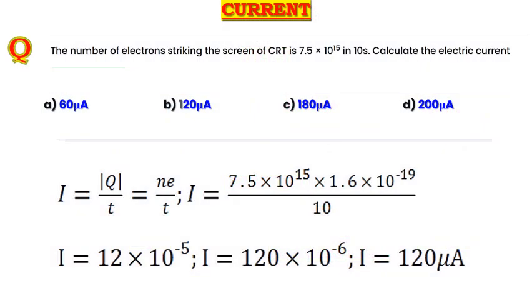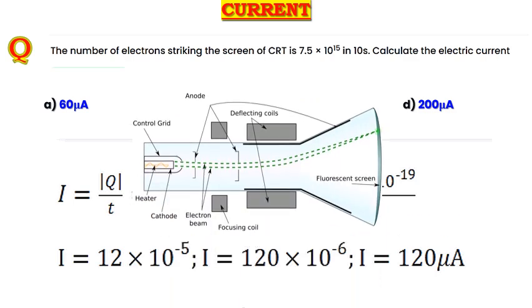In this case, first one, the number of electrons striking the screen of a cathode ray tube is given as 7.5 into 10 power 15 in 10 seconds. In 10 seconds, 7.5 into 10 power 15 electrons are incident on the screen of the cathode ray tube. We know about the cathode ray tube, which we see in TVs.